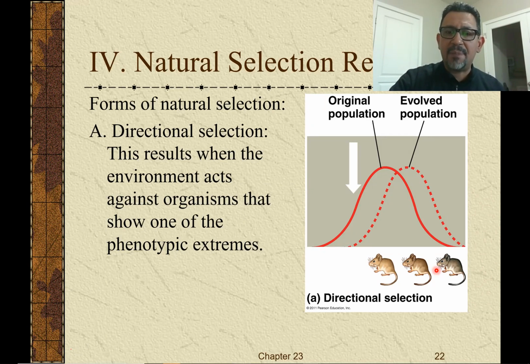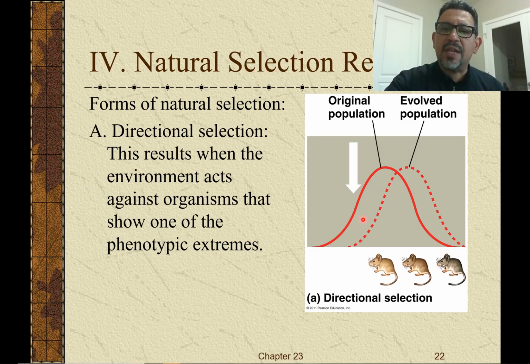So what would happen in this situation is that given this variation, given this normal distribution of fur colors, where you may have had at some point in time most mice having an intermediate color, over time predators are finding these mice more easily, but those with the darker fur color are surviving better because they are not easily spotted.